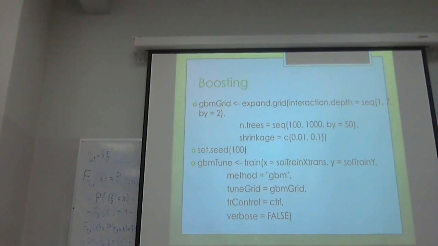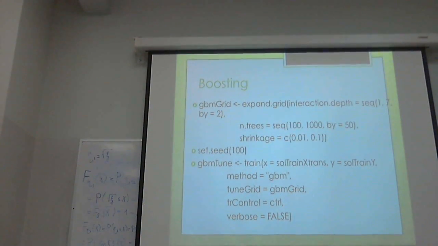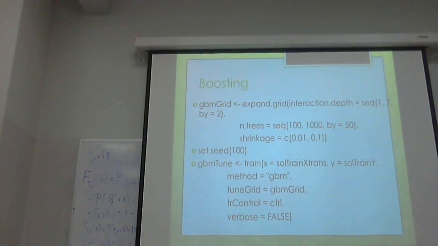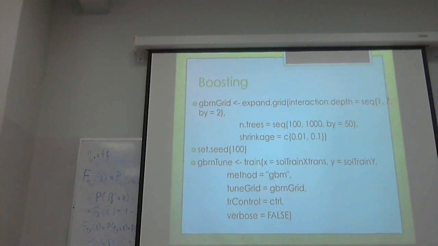It's maybe the new version of the package that requires an additional parameter. So then add this additional number of minimum observations in the nodes. Let's put it one. Add it to the tuning grid. Just put it one and see what happens.